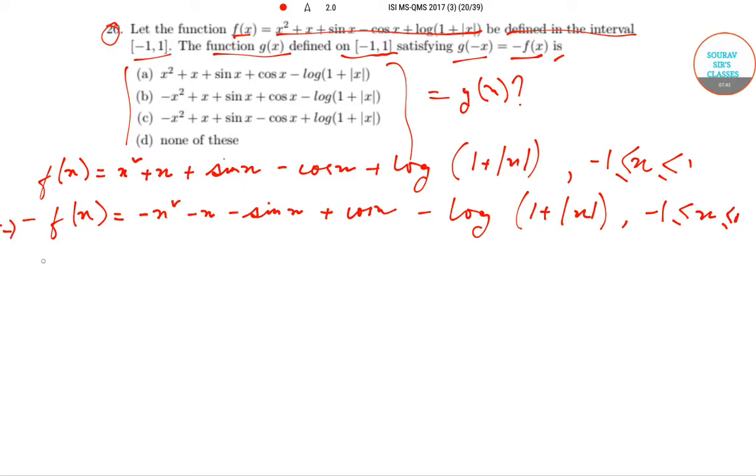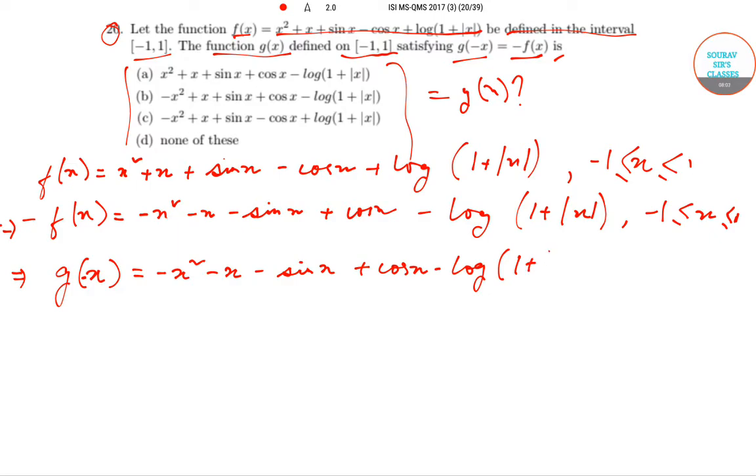This implies, now we know that minus of f of x is nothing but is equal to g of minus x. So g of minus x will be equal to minus of x square minus of x minus sin x plus cos of x minus log of 1 plus mod of x, where x lies between -1 to 1.